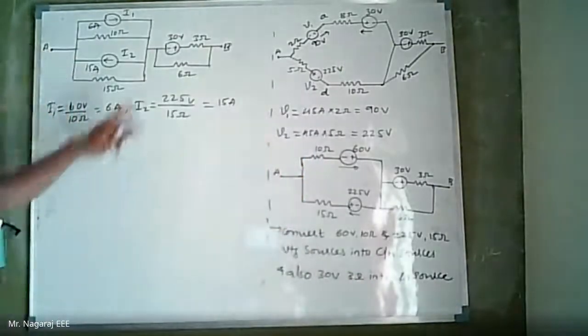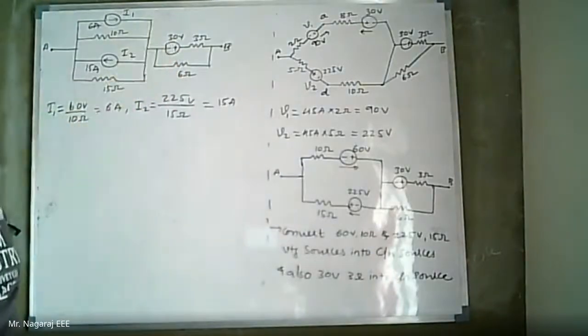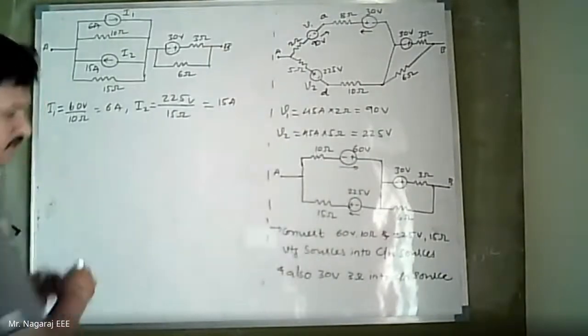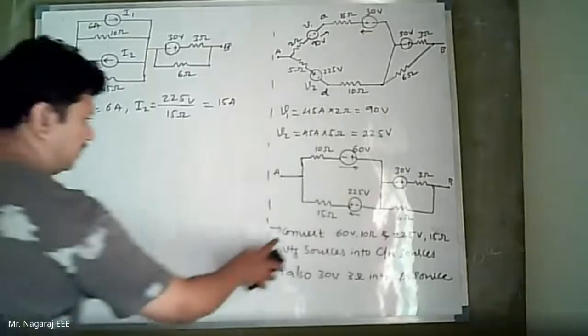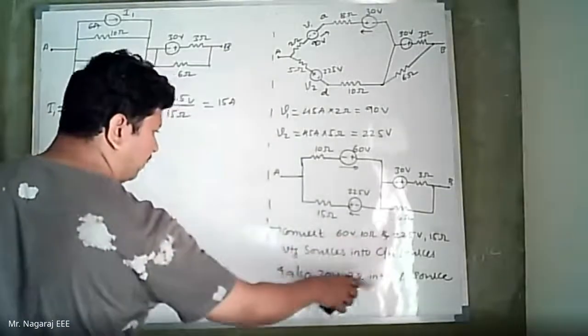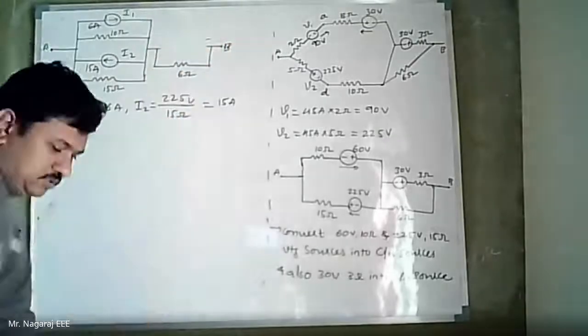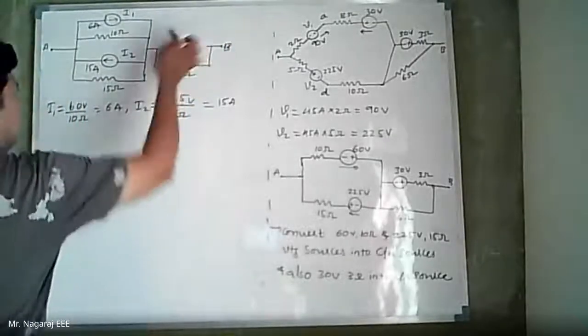Because I have a resistance of 6 ohm in parallel with a practical voltage source, I have to convert it to current source, take the equivalent of 3 ohm and 6 ohm, then again convert it back into voltage. That I have to do in the same step I will do now. So what I will do now here is convert 30 volt, 3 ohm also into current source, because I have to do it anyway in the next step.